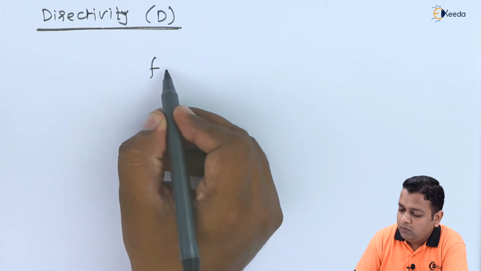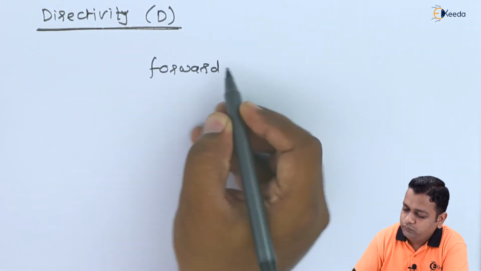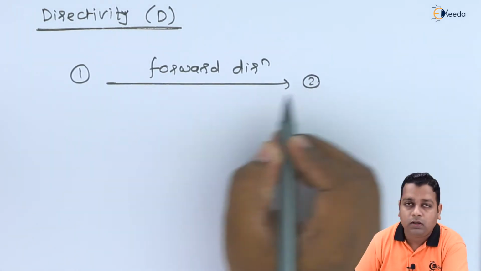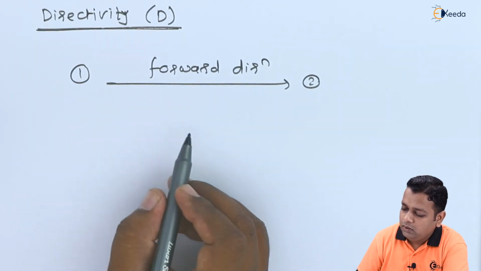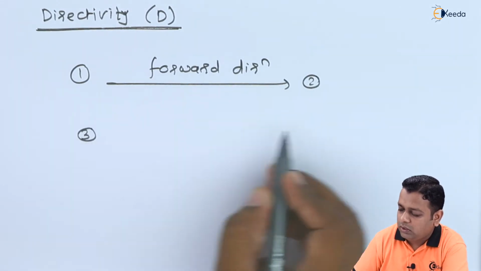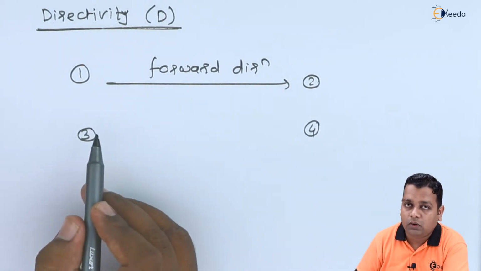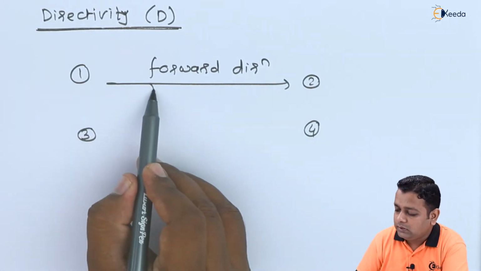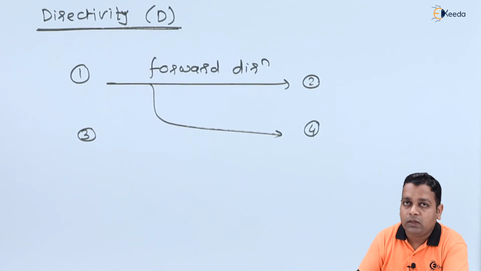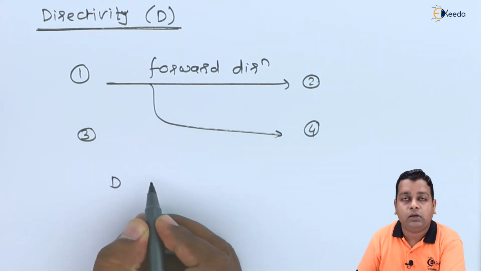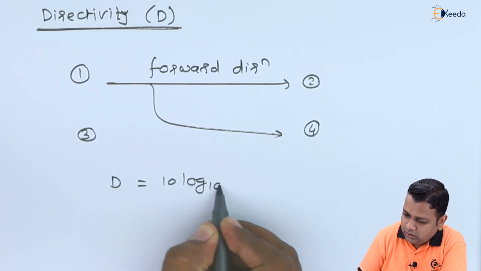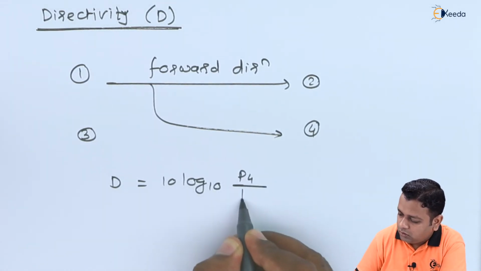In the primary waveguide, we have the forward direction from port number 1 to port number 2. In the secondary waveguide, we have the direction from port number 3 to port number 4, but we are not providing input to port number 3; the input is coming from port number 1. Hence the coupling is in this particular direction. So the directivity, represented in decibels, is mathematically formulated as 10 log to the base 10 of the ratio of P4 to P3.